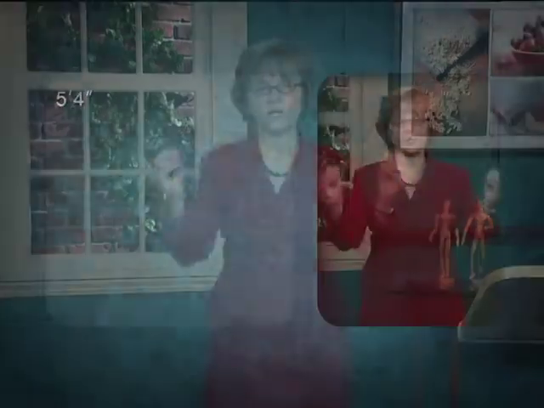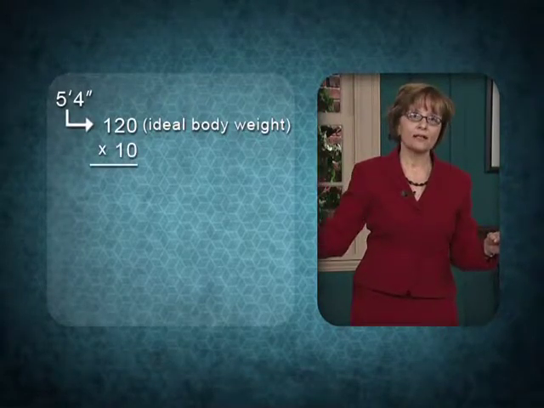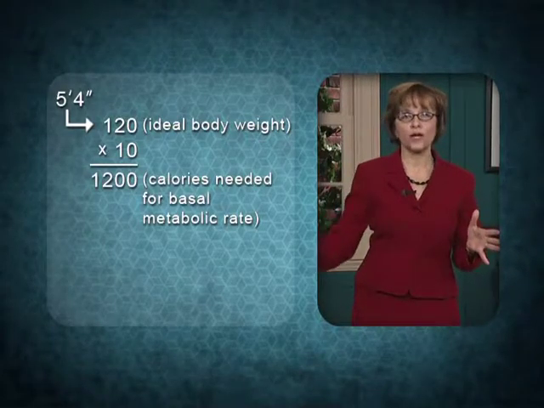The value of this is once you take your ideal body weight, so again, if I'm 5'4", I'm going to round down here. If I'm 5'4", my ideal body weight is 120, and 120 times 10 gives me the calories that are needed for my basal metabolic rate. So that gives me my BMR calories.